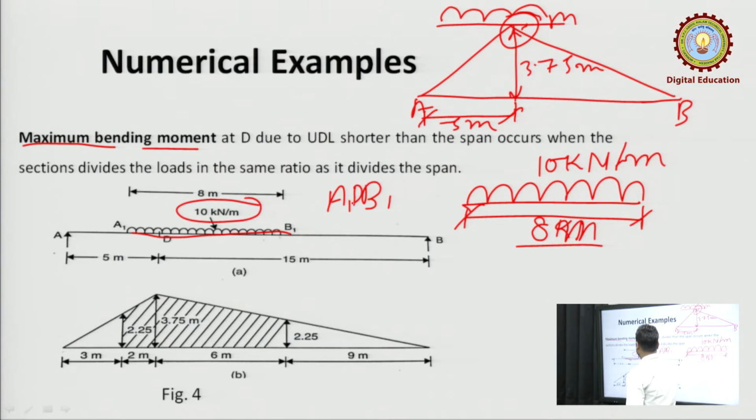How can you distribute this UDL over this portion A1, D, B1?